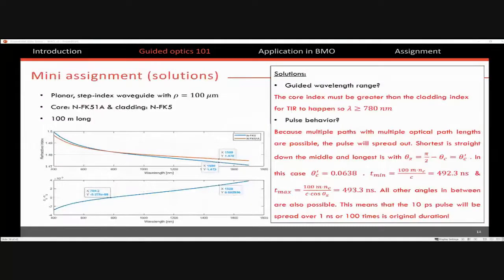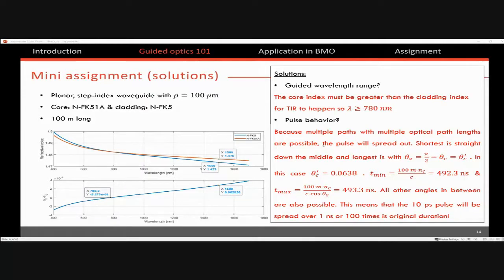Okay, so if you crunch the numbers, you see that for 100 meters it takes about 500 nanoseconds for the pulse to get there, or 492, and then the difference between the shortest length and the longest one is about 1 nanosecond.